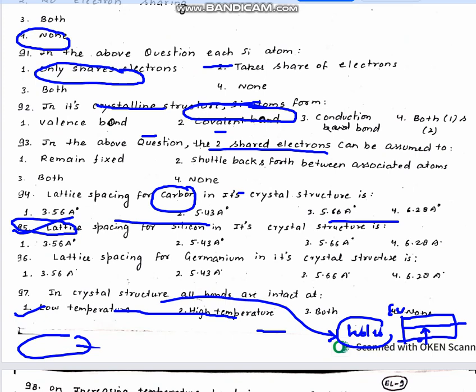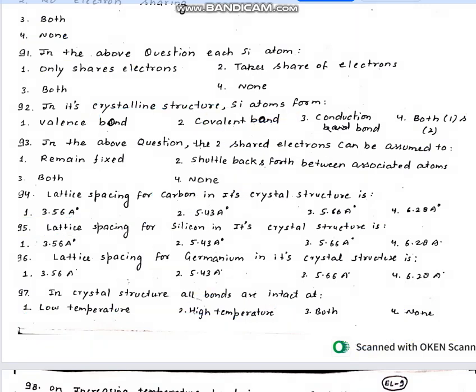So in its crystalline structure, silicon atom forms valence bond, covalent bond. Actually, both of these are the same thing. So 4 will be correct over here. Next is, in the above question, the two shared electrons can be assumed to remain fixed or shuttle back and forth. So it's actually shuttle back and forth between the associated atoms.